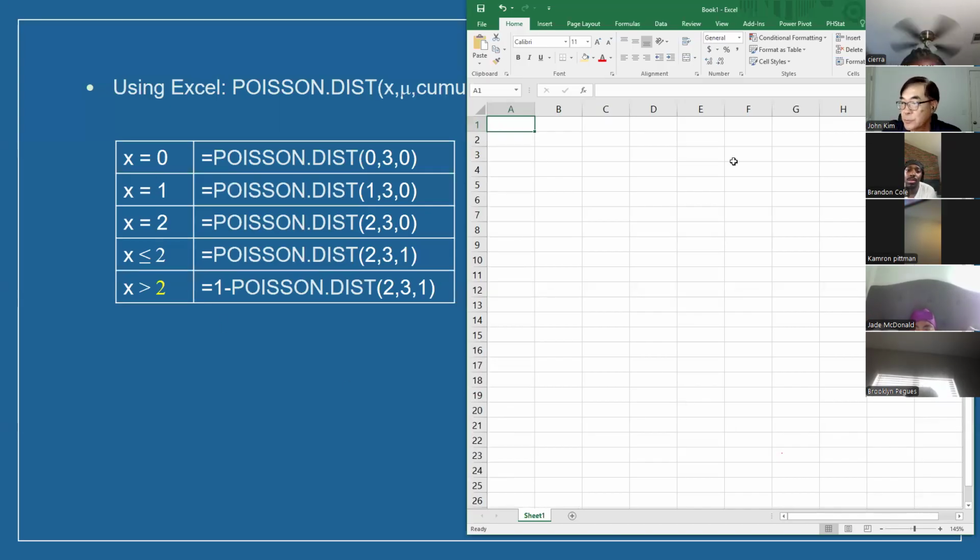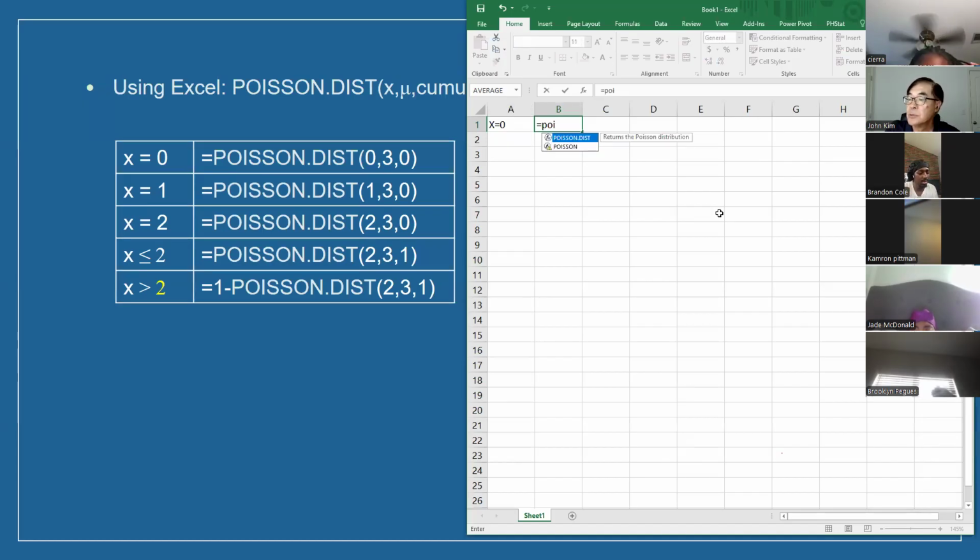X equals 0. If it is X equals 0, then using the Poisson distribution function, type Poisson distribution, then this one, double click. Then this one asks X, mean, and if it is cumulative or not. So X equals 0, comma, and mean is 3.